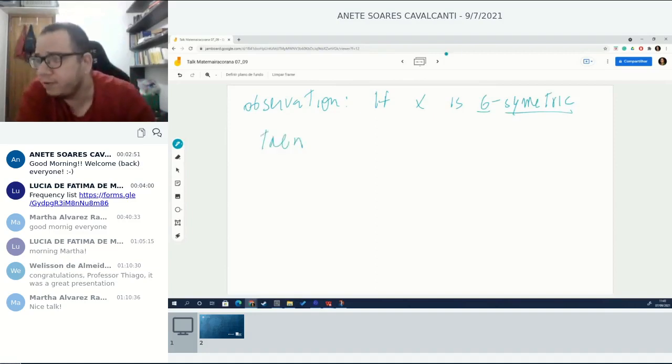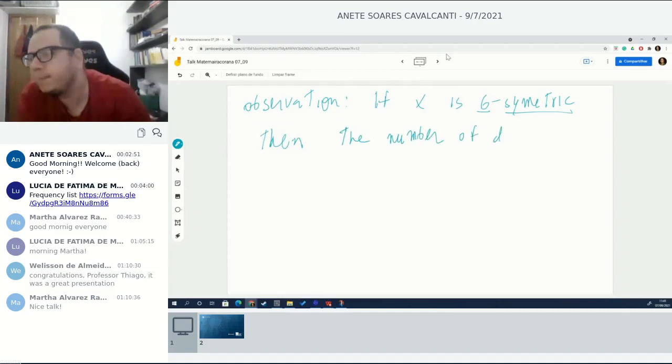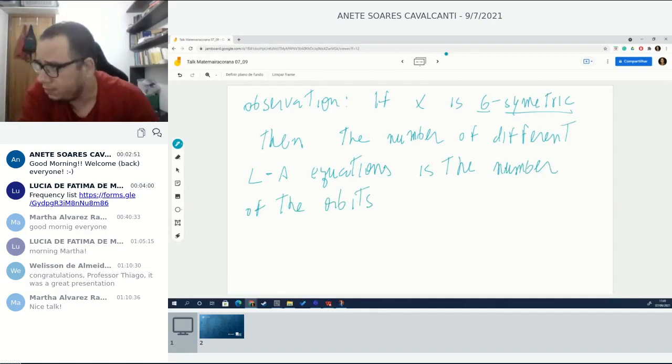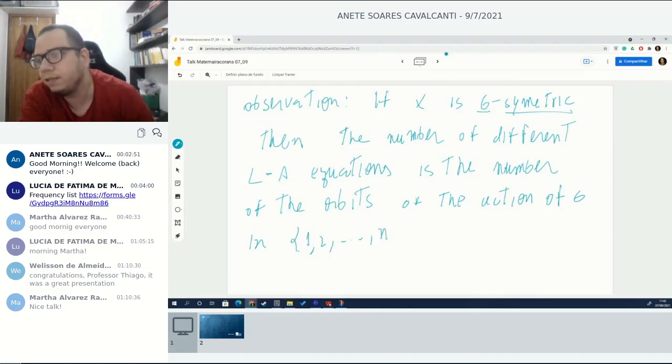If X is G symmetric, then the number of different Laura-Andoyer equations, LA equations, is the number of orbits of the action of G in 1, 2, ..., n.